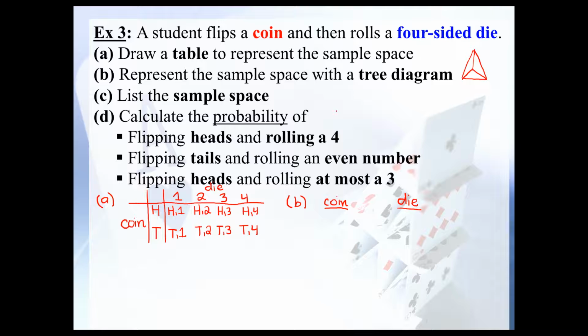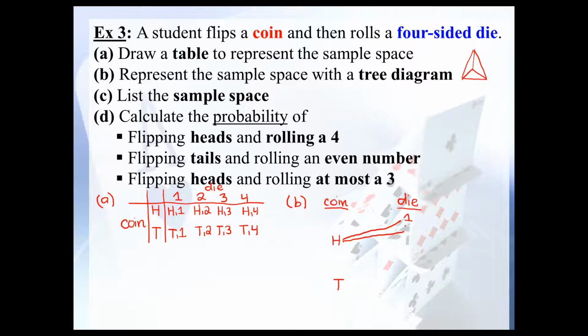Okay, so for the coin, there's 2 possible outcomes. So again, we have heads, and then we have tails. These are going to be like the trunks of 2 trees. And then we're going to draw branches from these trunks that match up with the outcomes on the die. So here, you'd have heads, and then 1.